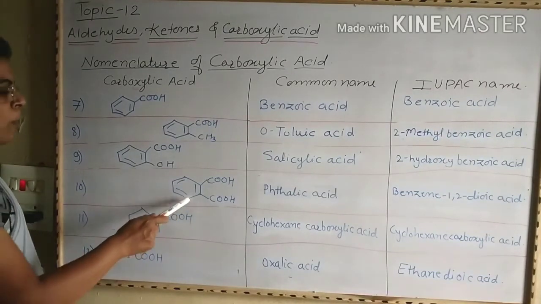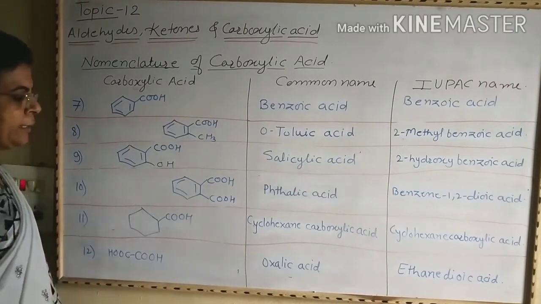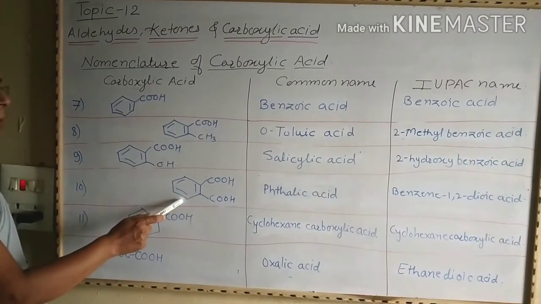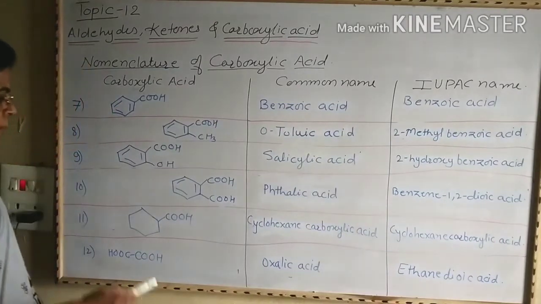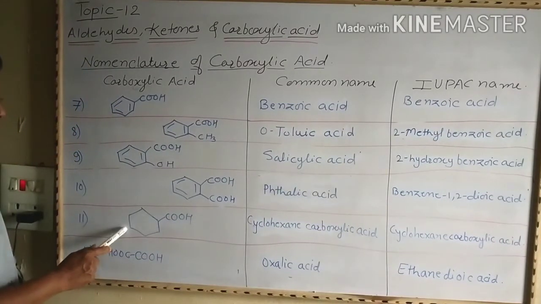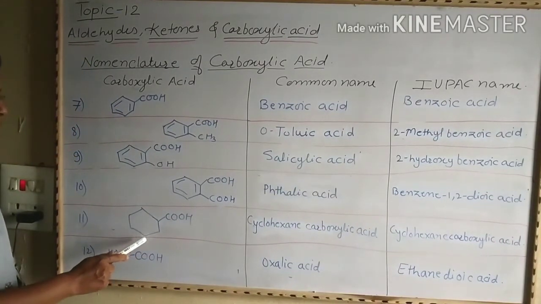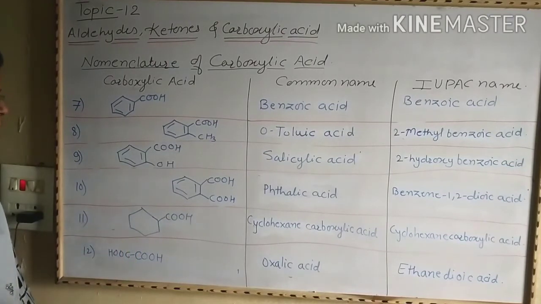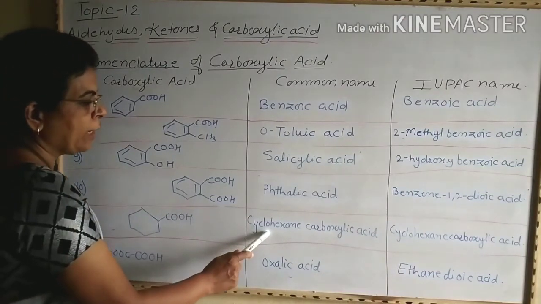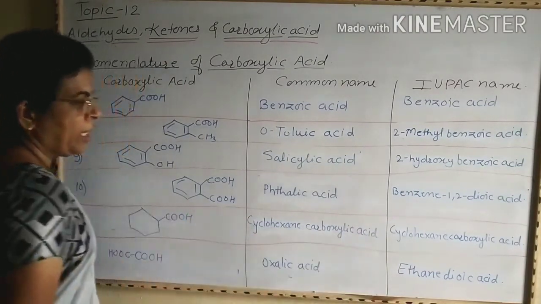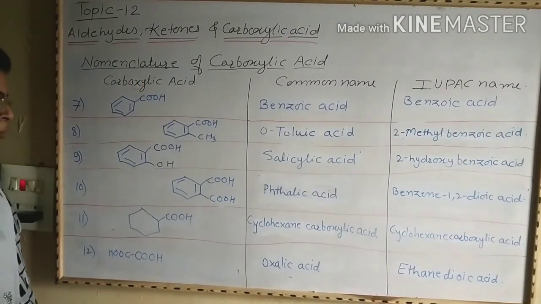Therefore the common name of this compound is phthalic acid. IUPAC name of this compound is benzene 1,2-dioic acid. This one. Now here this is cyclohexane which is attached to COOH group, therefore it becomes cyclohexane carboxylic acid. Common name is also cyclohexane carboxylic acid and IUPAC name is also cyclohexane carboxylic acid.